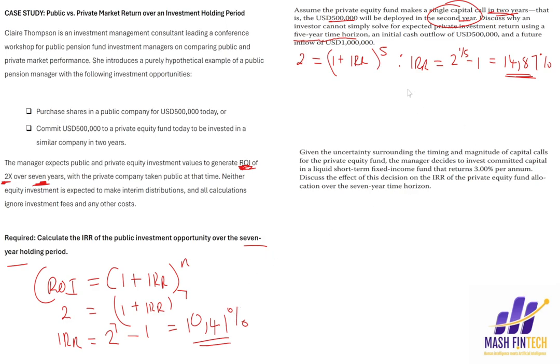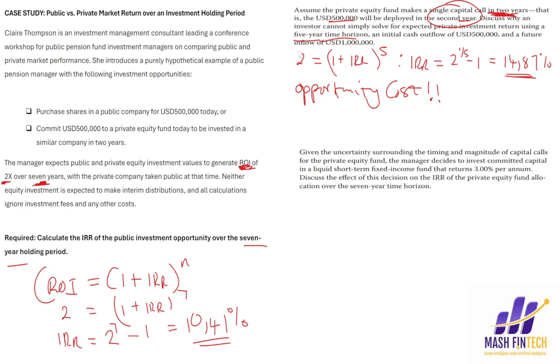But the issue with this is that it ignores the opportunity cost. Remember, opportunity cost is the value of the foregone best alternative, right? And this committed capital was not invested in the first 2 years. So there's a loss in terms of where this money could have been invested.